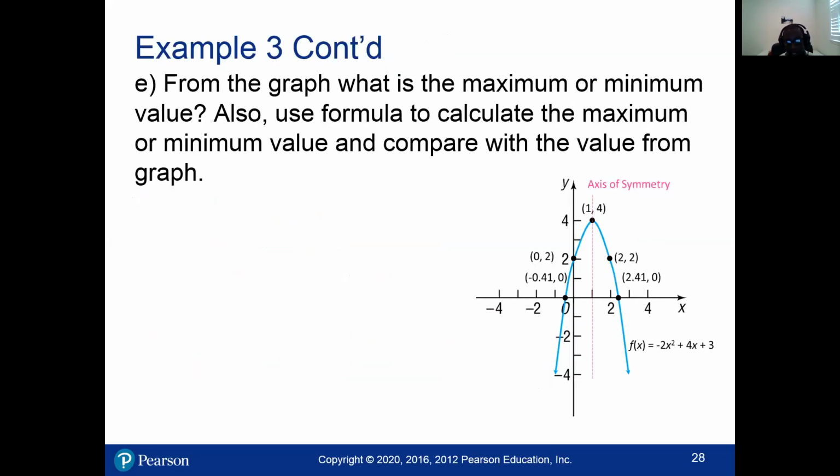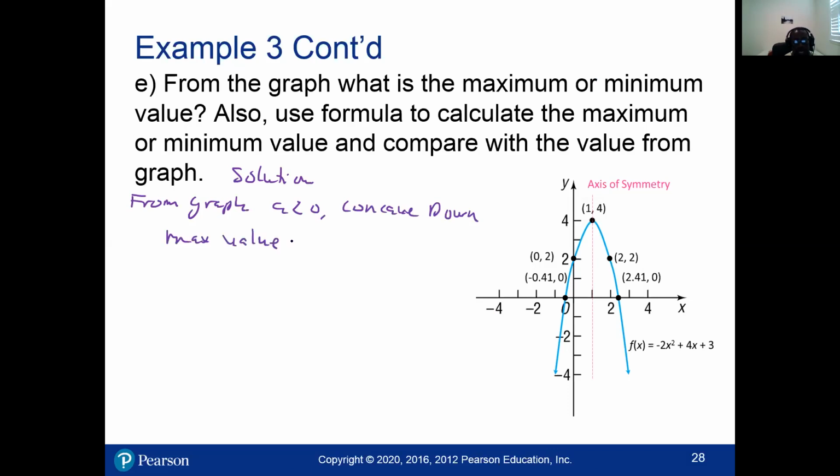Now, maximum and minimum. We are looking at it from the graph. We know that a is negative, so it is concave down, and it has a maximum value.